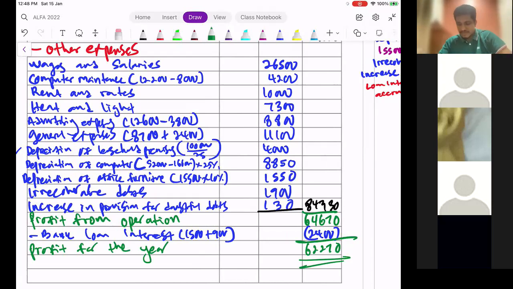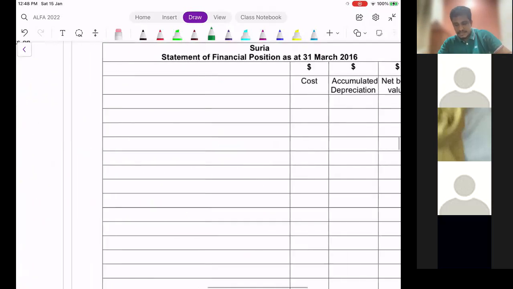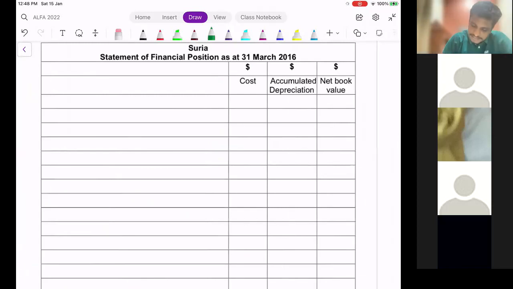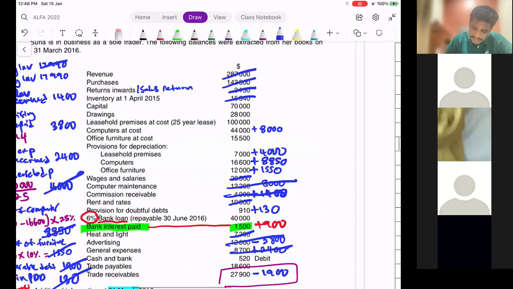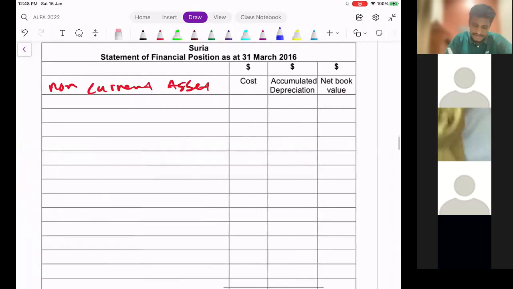Okay, faster, we'll do the statement of financial position. It will start with non-current assets. We list down all the non-current assets. Now we have leasehold premises, computer, and also office furniture. Just these three, we write here.